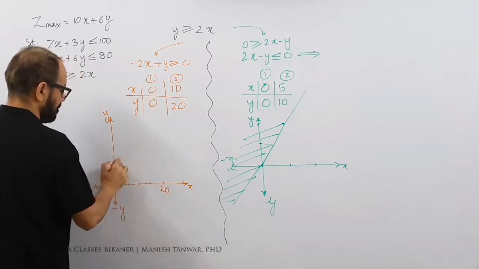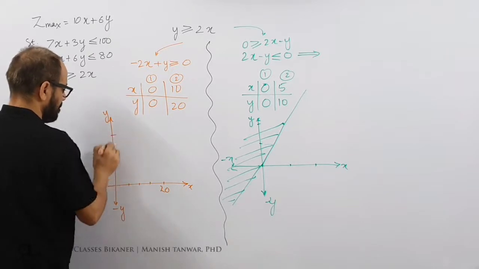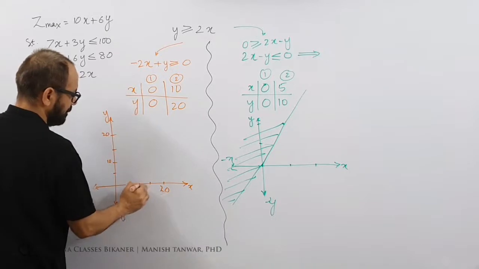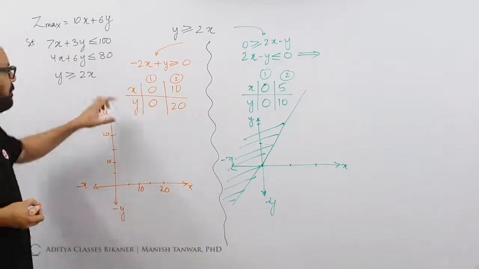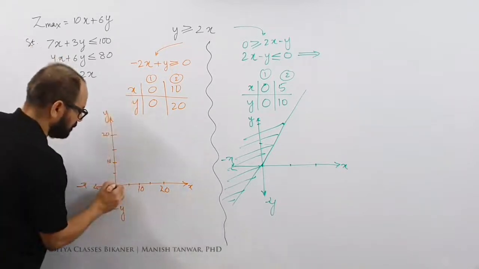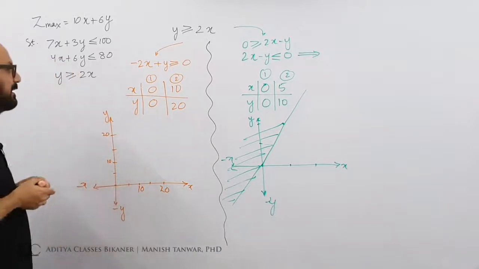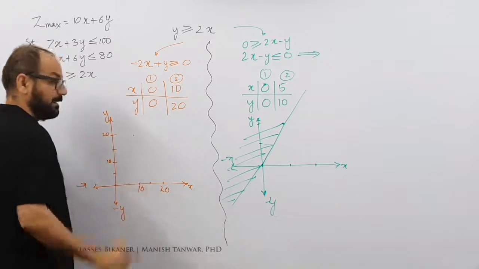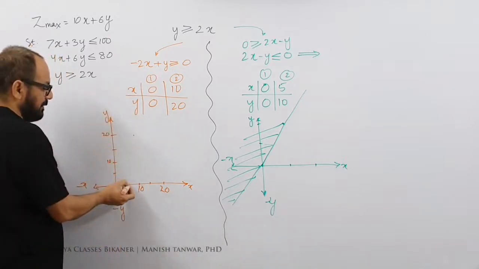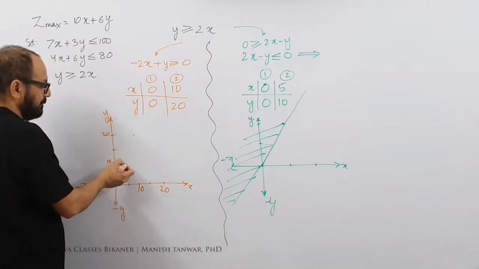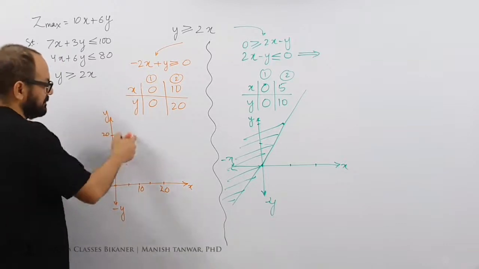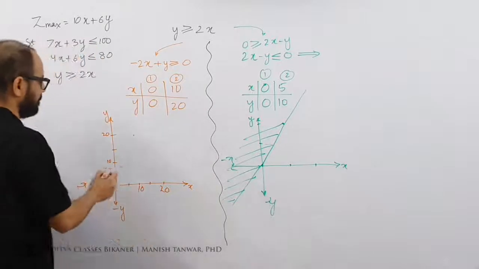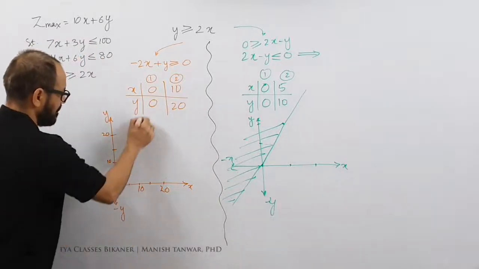One point will be 0, 0, which obviously is over here. The second point will be 10, 20, x 10 and y 20. Remember what the point was last time? X 5 and y 10. That was the point last time, this is the point this time. Leave this because it was from here, we are not talking of it. This becomes my constraint.